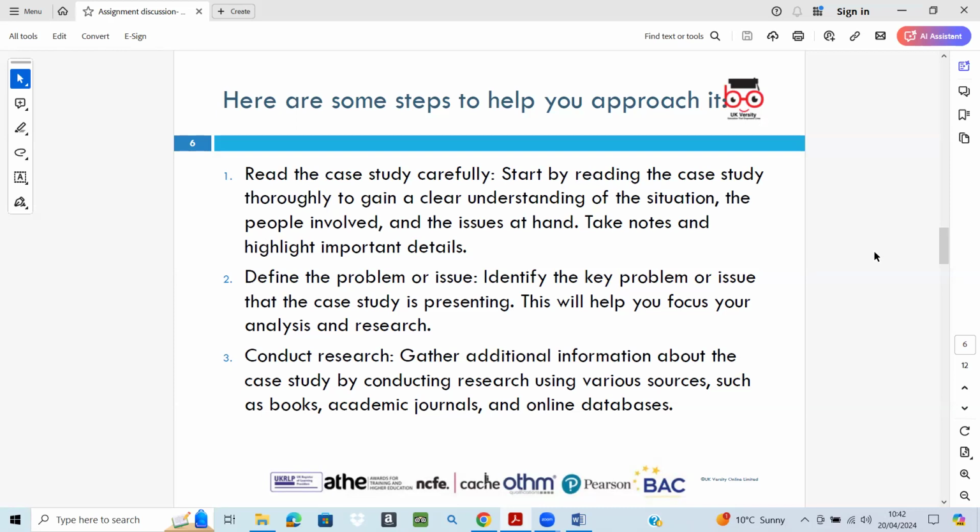Maybe considering the context of the case and any constraints like budget, time, or resources that could affect the implementation of these solutions. When considering practical constraints, it is vital. Why is it vital? Because we always have to look for the practical side.